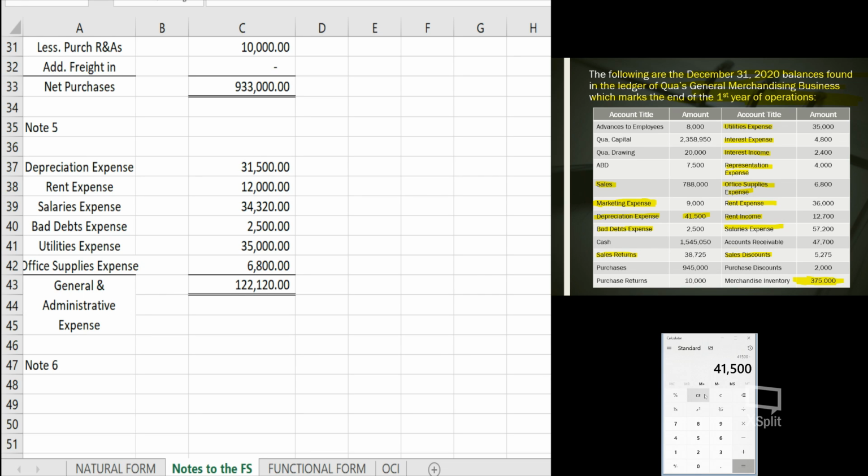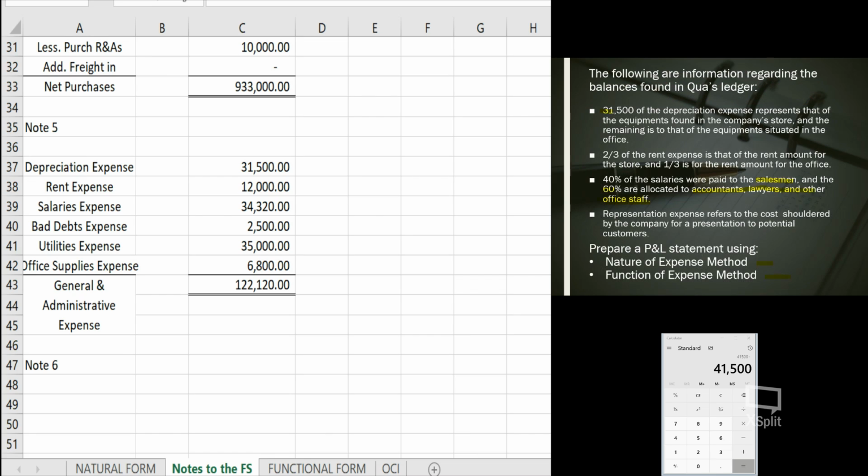Bawasan na natin to ng 31,500 because yung 31,500 na-allocate na kasi natin yan sa general and administrative. So, ibig sabihin, guys, ang natitira na lang sa ating depreciation expense for the selling expense is 10,000. So, depreciation expense dito will be 10,000.